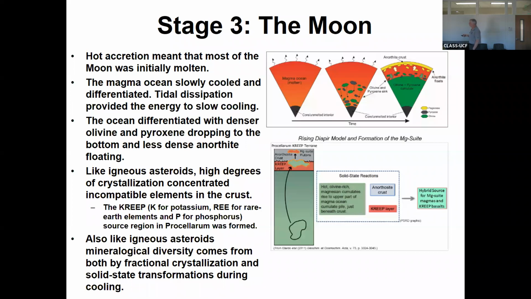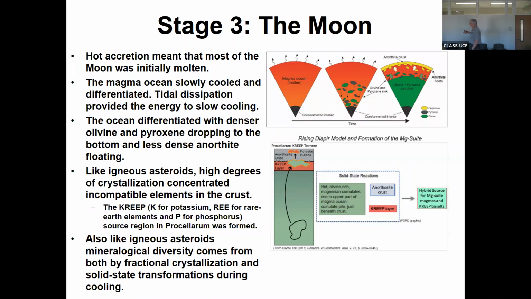And this is where you get the so-called KREEP terrains, potassium, rare earths, and phosphorus, that we see in the Procellarum Basin.